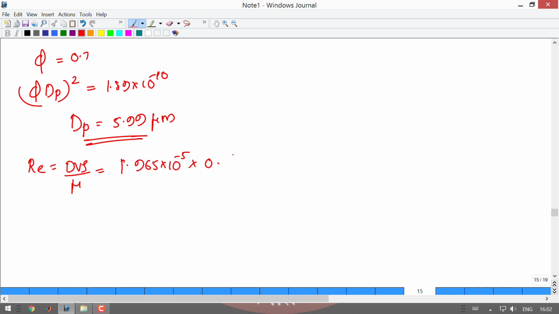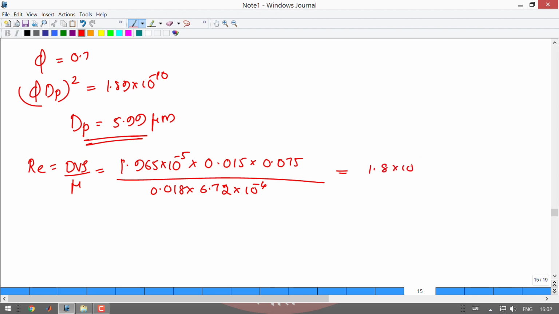In the question it is given in both SI unit and FPS unit, so we can use whatever we want. After substituting all these you will get Reynolds number equal to 1.8 into 10 raised to minus 3, which is less than 1. So, we can use the above equation which we used initially. So, our assumption is correct, and we can say that the size of the particle which we got is correct.